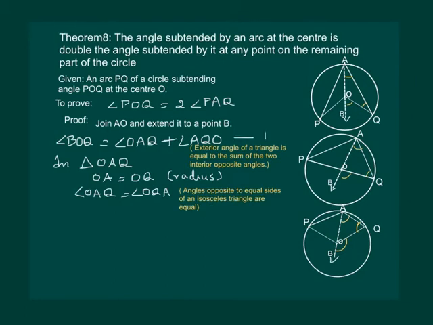Let us substitute this second equation in 1. Then we get that angle BOQ is equal to 2 times angle OAQ.